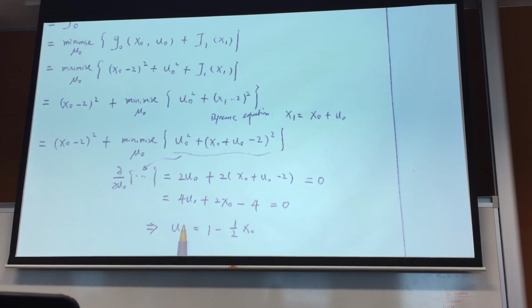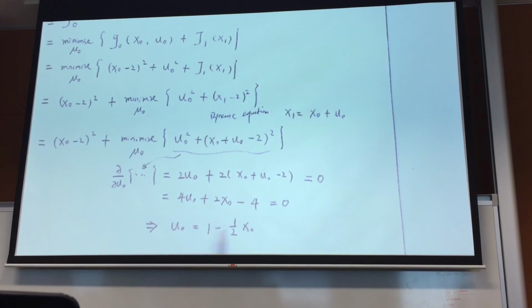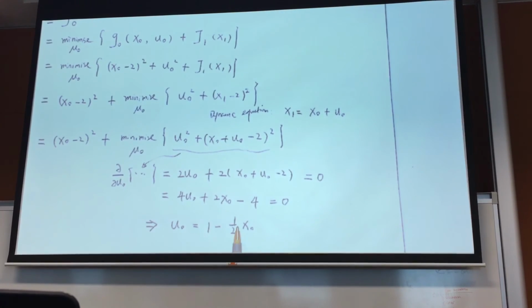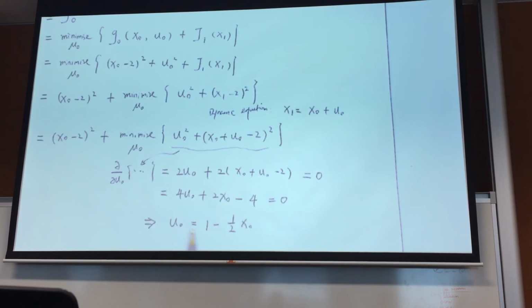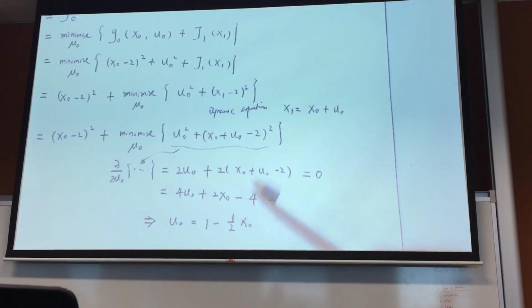The optimal control input will depend on your initial position. So it becomes a general solution. That's why this method is more powerful and more flexible: we can determine the optimal control input for any initial conditions.